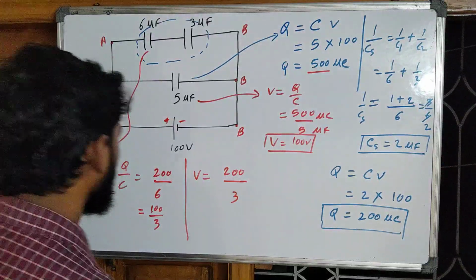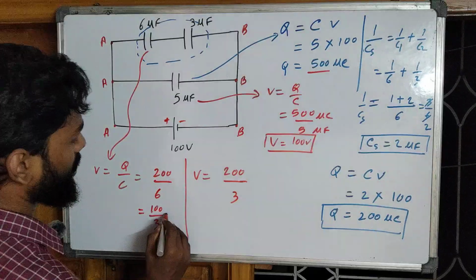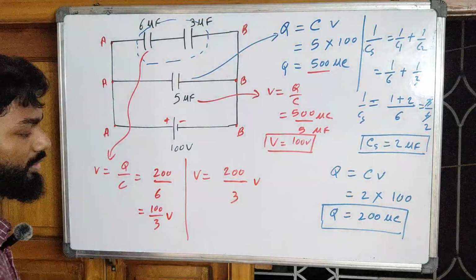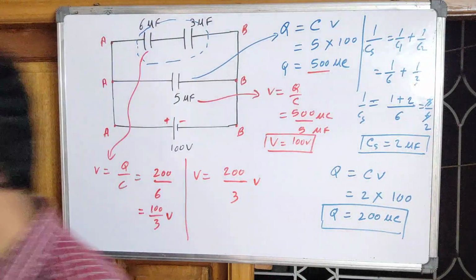So 200 by 6 and 200 by 3 are the voltages across each of the capacitors. I guess you've understood the problem. Let's move on to the next one.